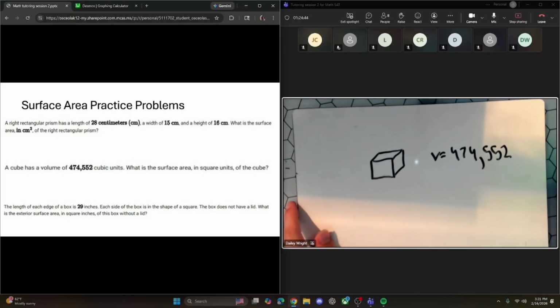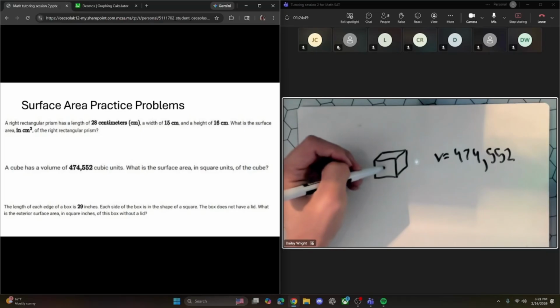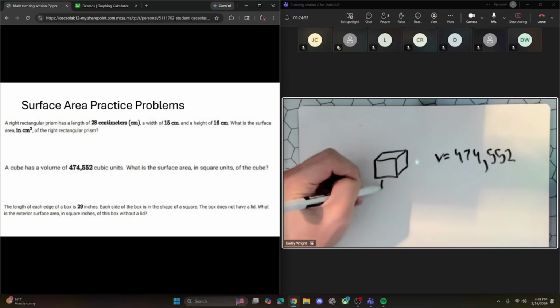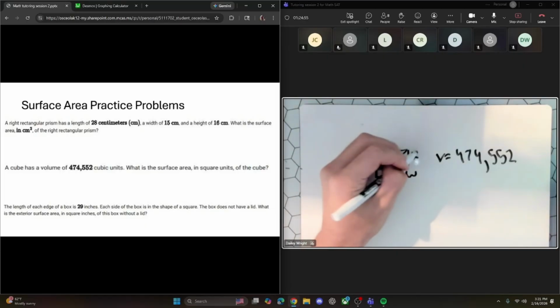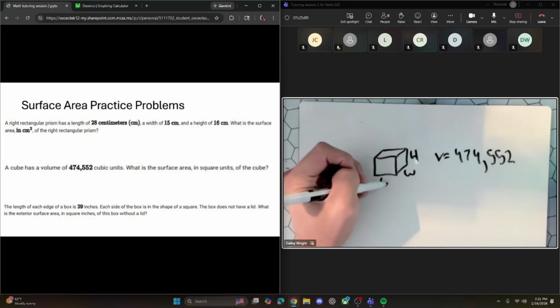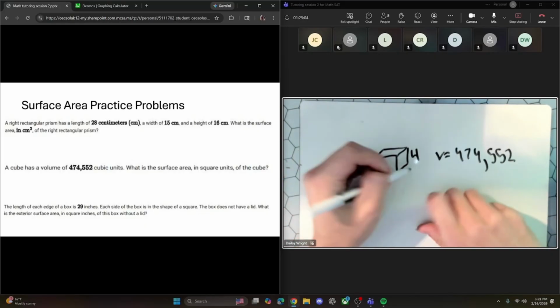To find the surface area, we have to find the area of each square and add it all up together. Since it's a cube, we know the length, width, and height are all the same. So we could set these all to x since they're equal.